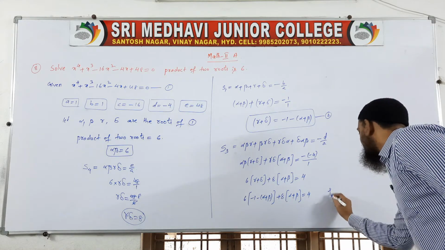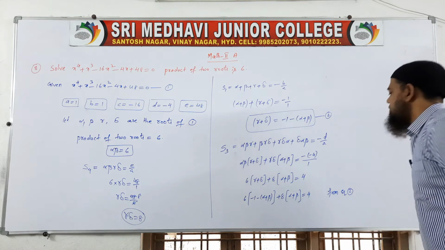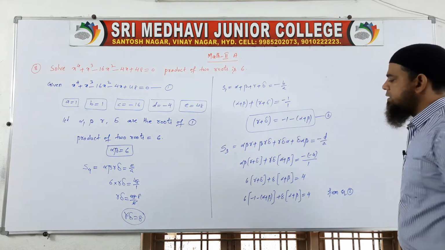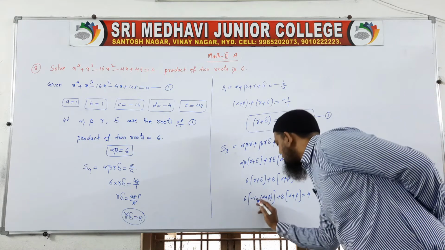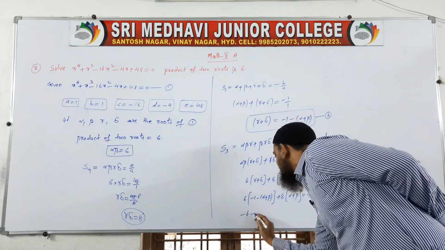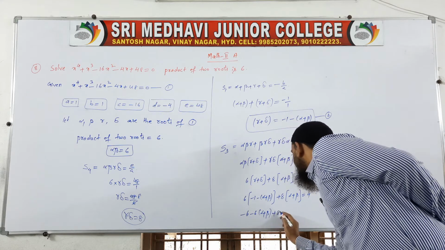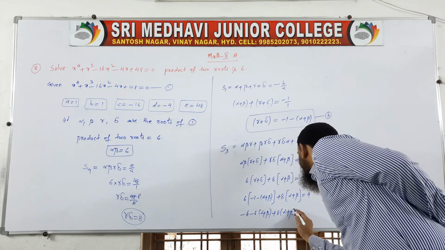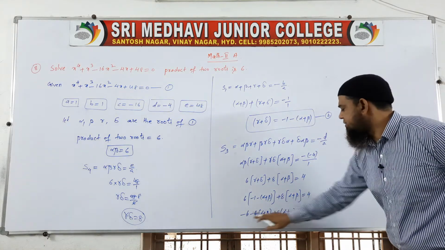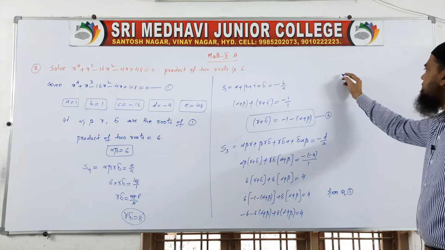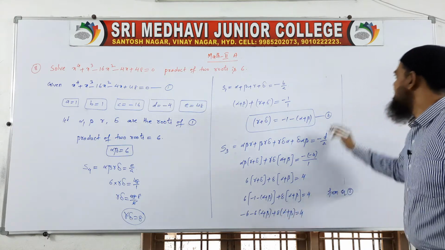Here you write down from equation 2, because we are substituting from equation 2. Now multiply with 6 here. 6 into minus 1 is minus 6, so minus 6 into alpha plus beta plus 8 into alpha plus beta is equal to 4.